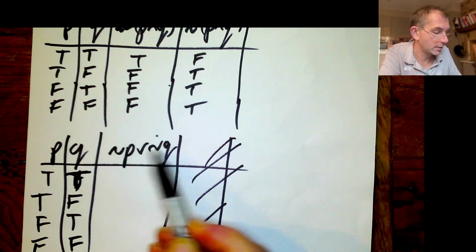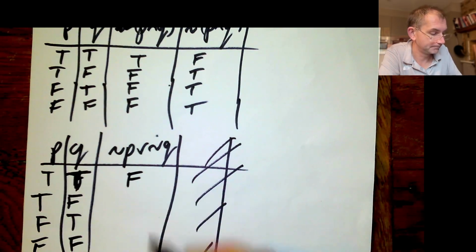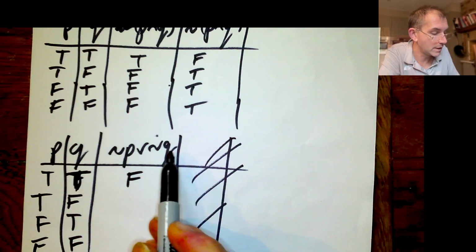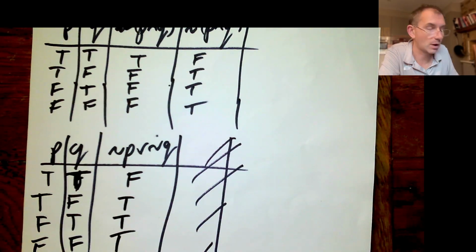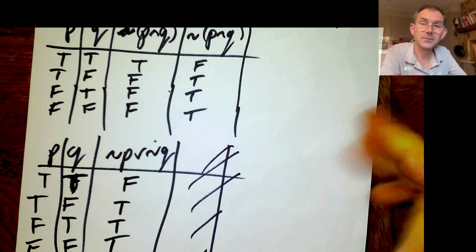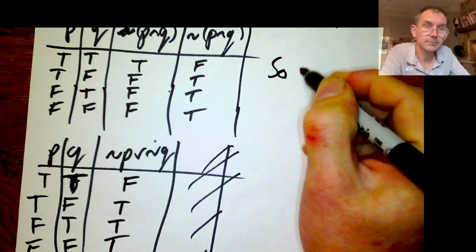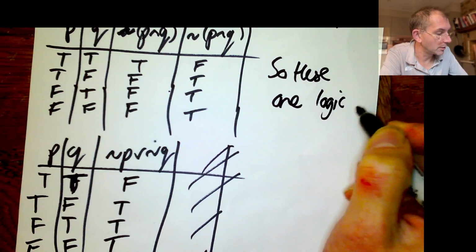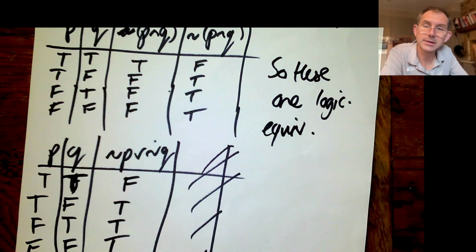Is one or other of these true? No. Otherwise, because one of these is false, one of these is going to be true, and so the rest of them are true. Okay. And so these two statements are logically equivalent. So they are true at exactly the same time.